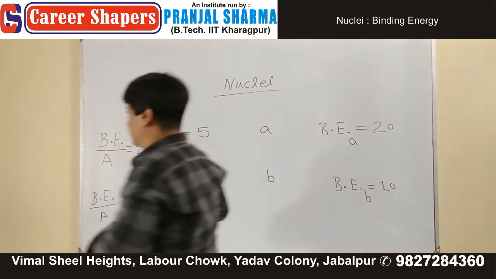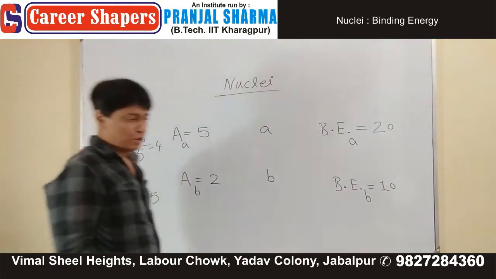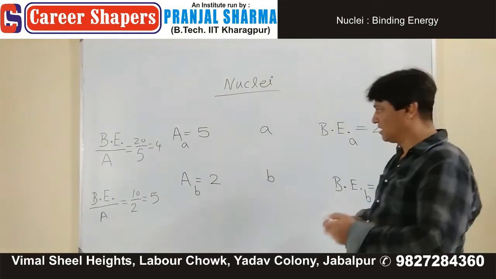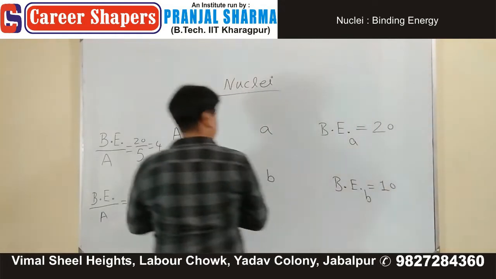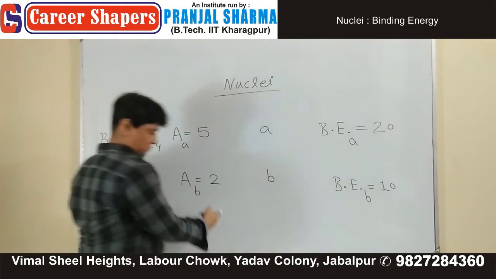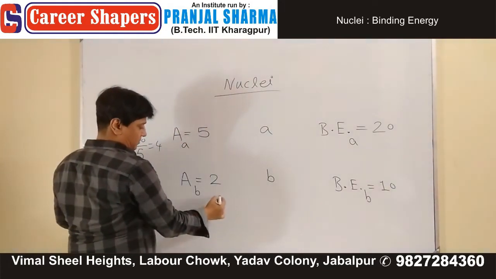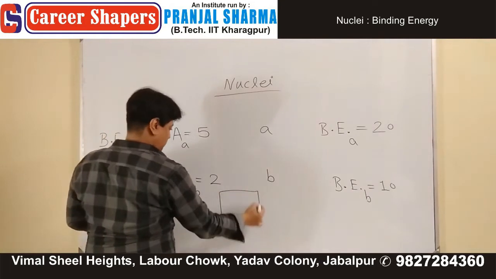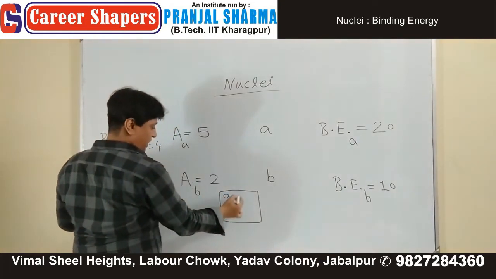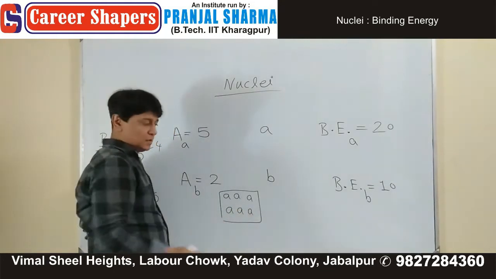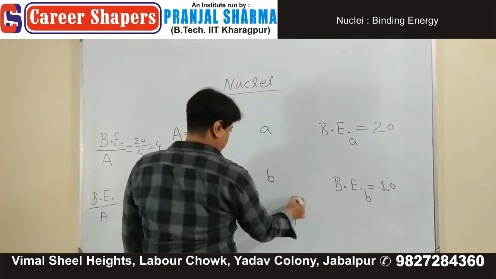Let me explain the per nucleon part again so that you feel comfortable. Look here. This is a collection of A's. This is a collection of B's.